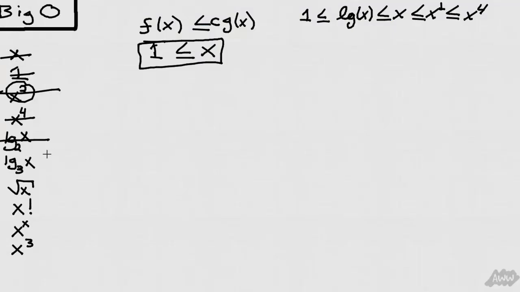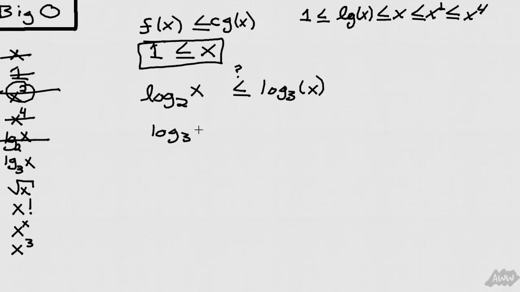Now we have a tricky question. Is log base 2 greater than, smaller than, or equal to log base 3? This one is easier to see algebraically. If you remember from your trigonometry class, you can change the base on logarithms. If we want to make this a base 3 logarithm, we can simply do log base 3 of x divided by log base 3 of 2. Now these expressions are equal. Log base 2 of x is equal to log base 3 of x divided by log base 3 of 2.